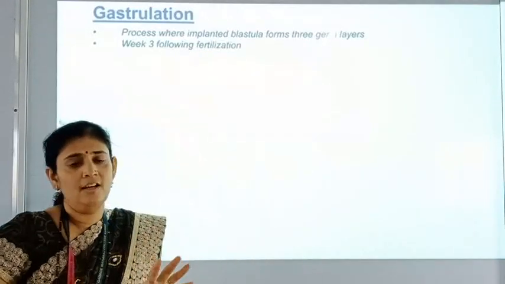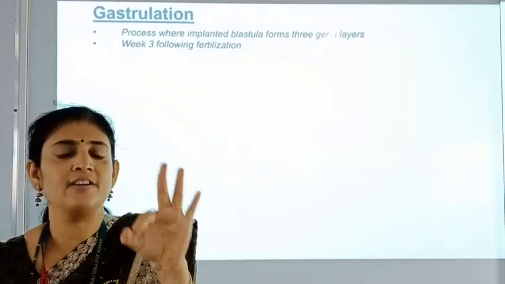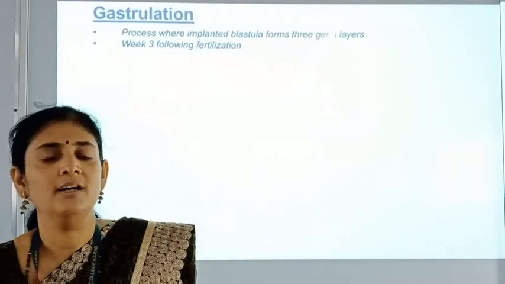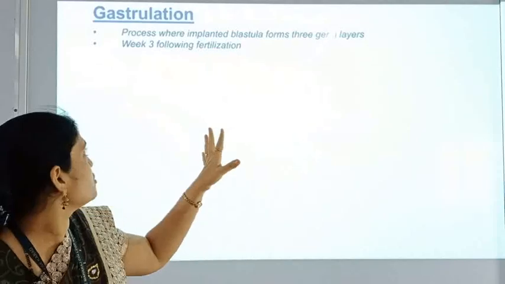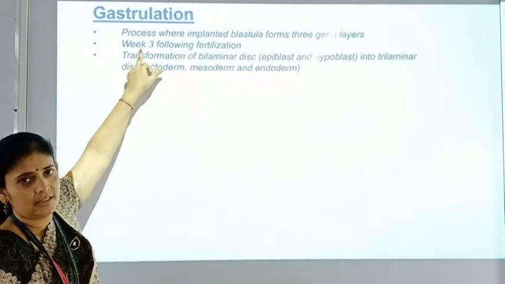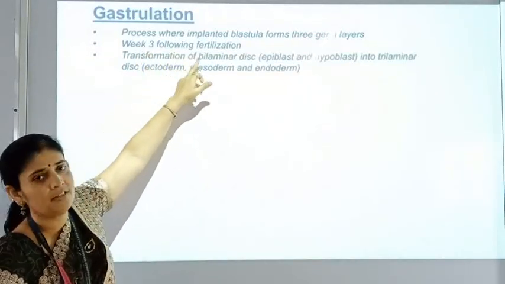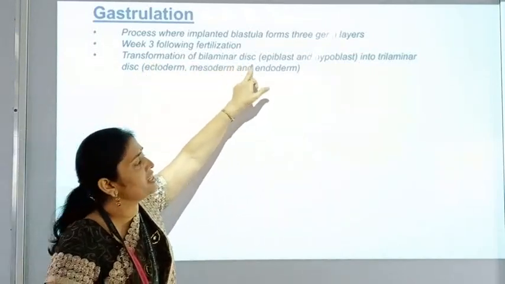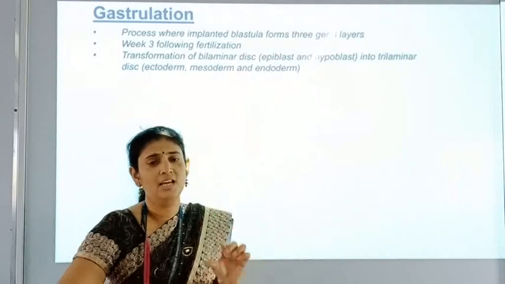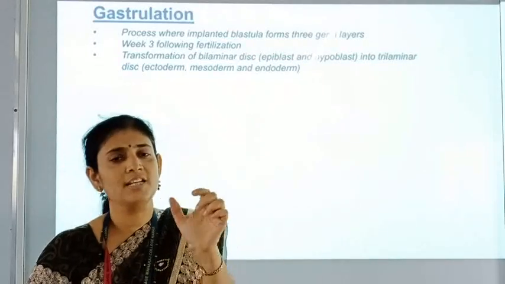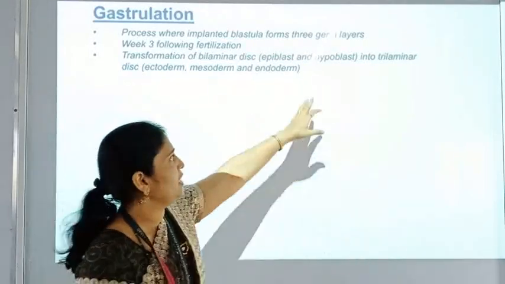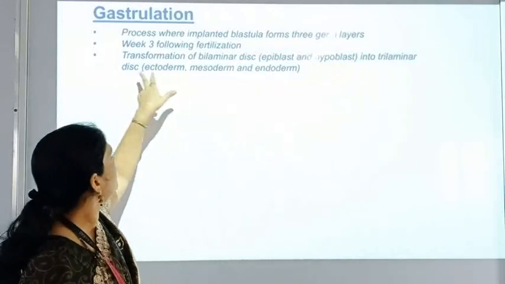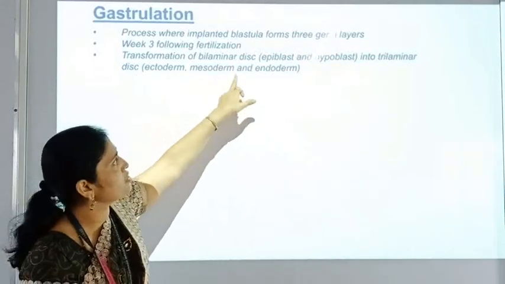It takes about 3 weeks following fertilization, and there is transformation of the bilaminar disc, meaning epiblast and hypoblast, into the trilaminar disc, that is ectoderm, mesoderm and endoderm.